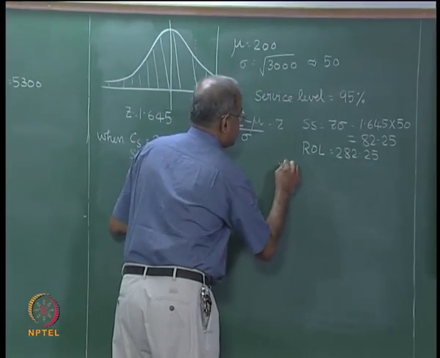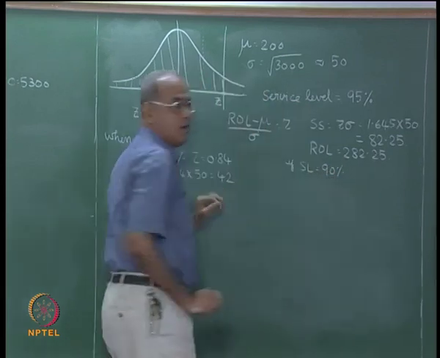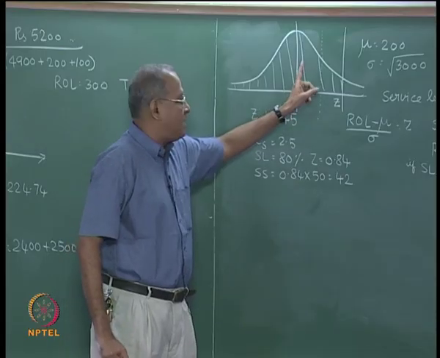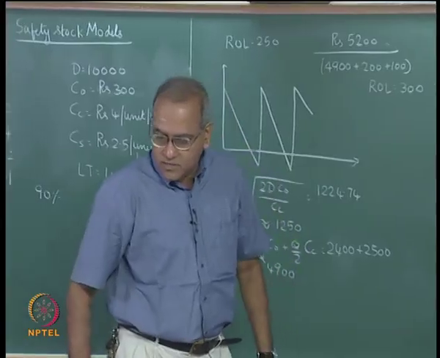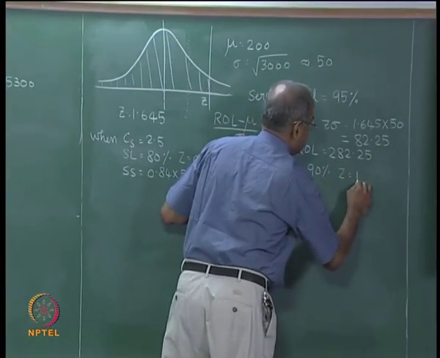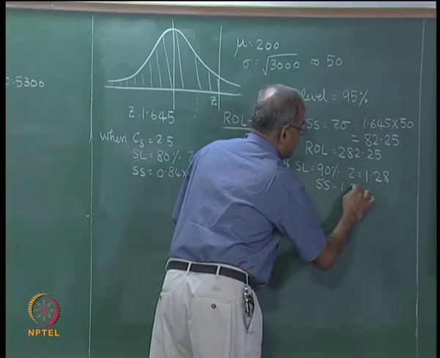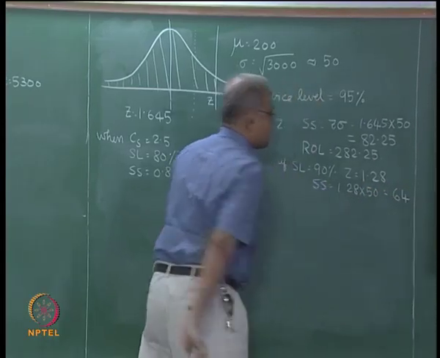If service level is 90%, once again we can go back to the standard normal distribution and find the value of z. Now z is equal to 1.28, which would give us safety stock equal to 1.28 into 50, which is 64.